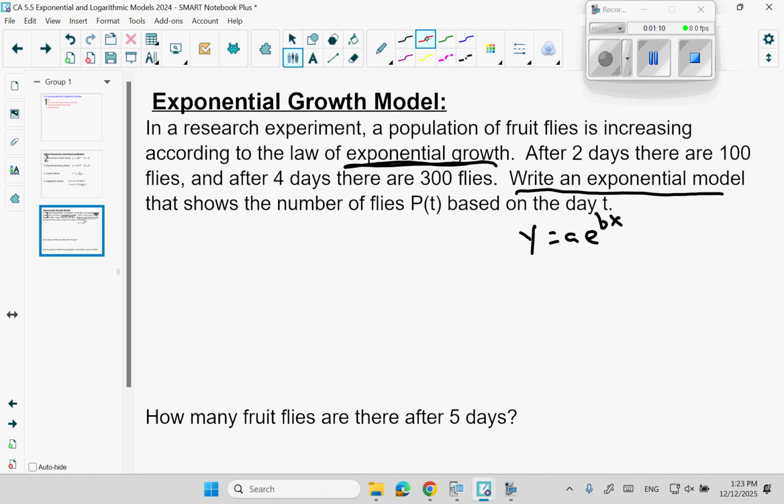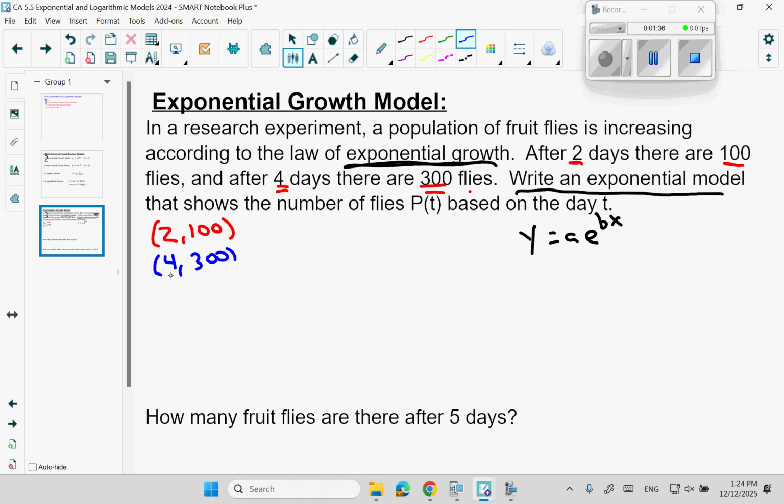Well, usually you need at least two coordinates. So here I have the coordinate 2, 100, as well as the coordinate 4, 300. Well, both of these are x and y values. In fact, I can probably just write this in a different color to keep it more clear.